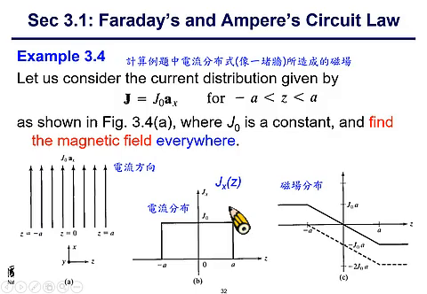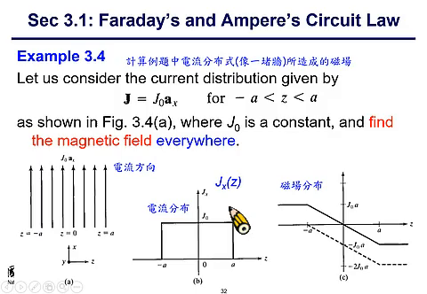So this shows the current flowing upward in the middle of the classroom, and if you draw the current distribution along the z direction, it exists only from minus a to a. Outside of this region, there is no current density.